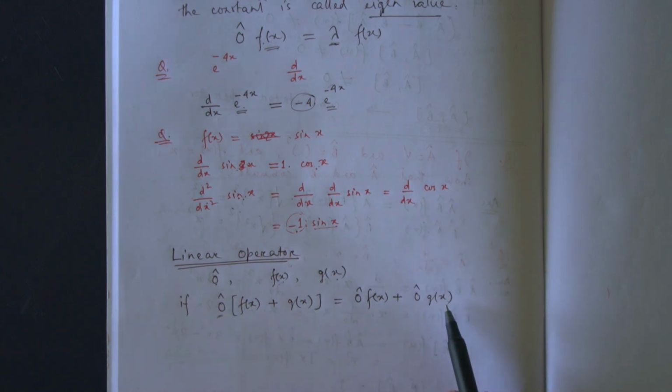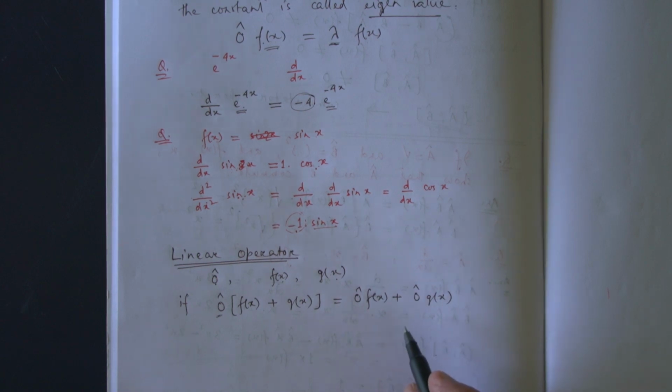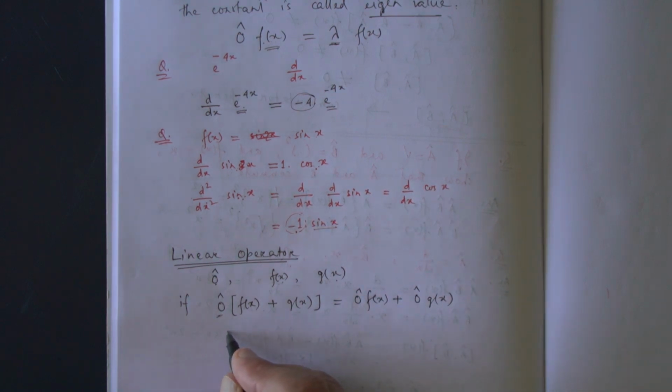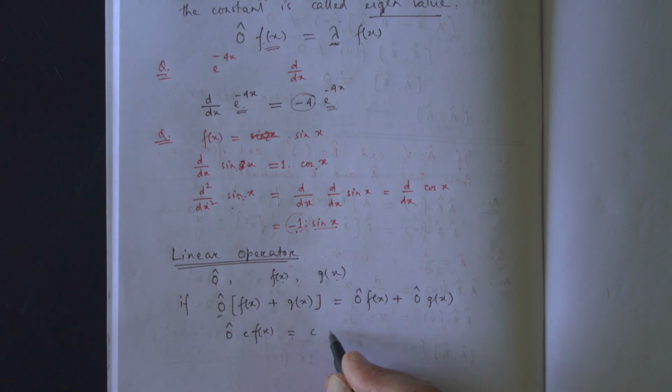Another condition: the operator on a constant c times f(x), where c is a constant, is equal to c times O f(x).